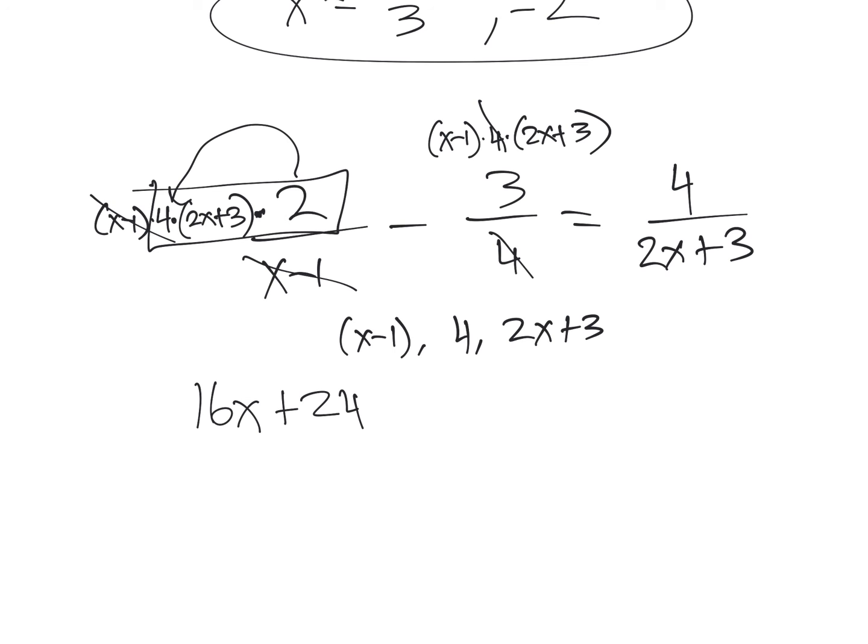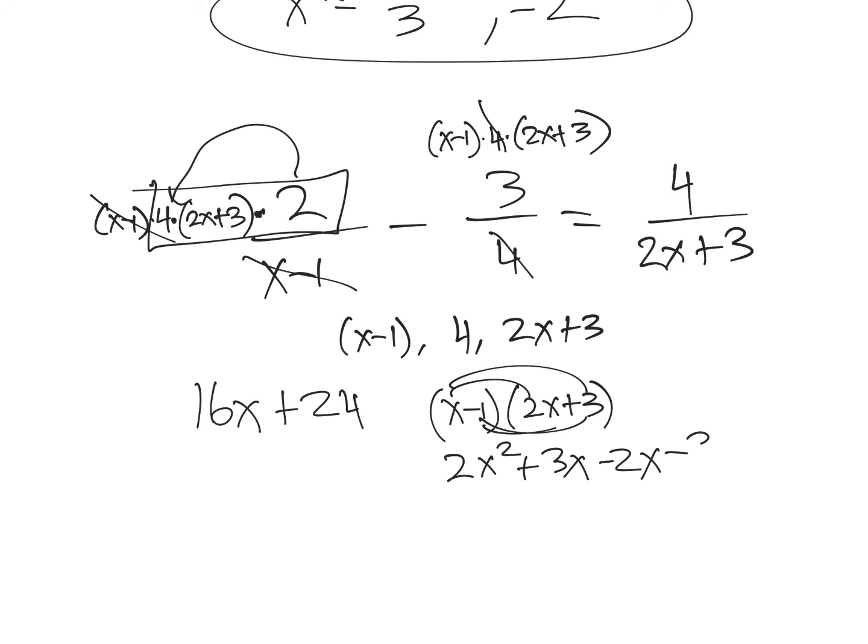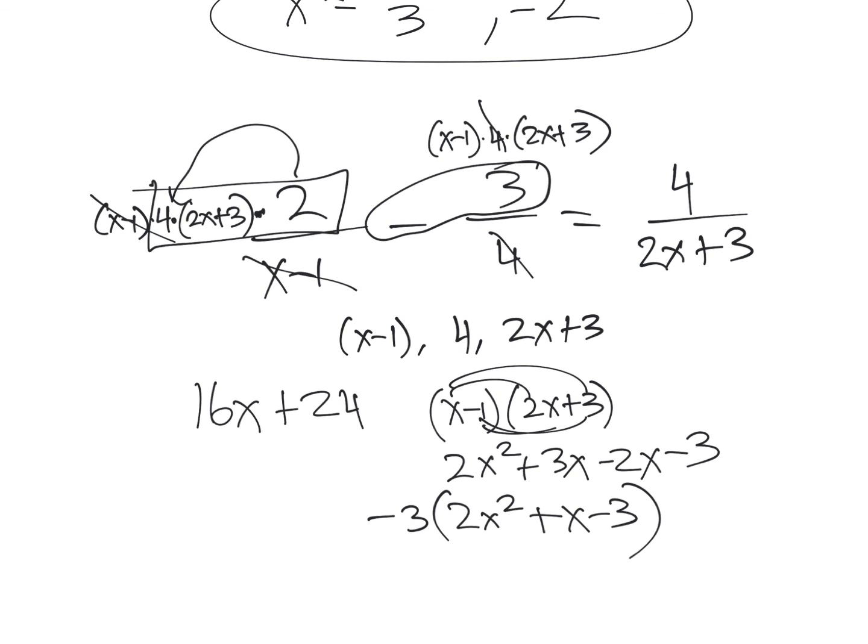So let's write this down here. First of all, x minus 1 times 2x plus 3. Let's do that. So FOIL, distribute, whatever, and you get 2x squared plus x minus 3. Except now what do you do? Distribute a negative 3 through this.